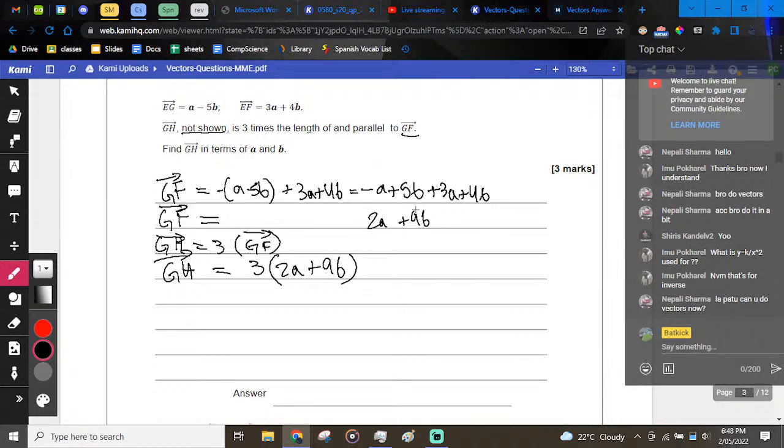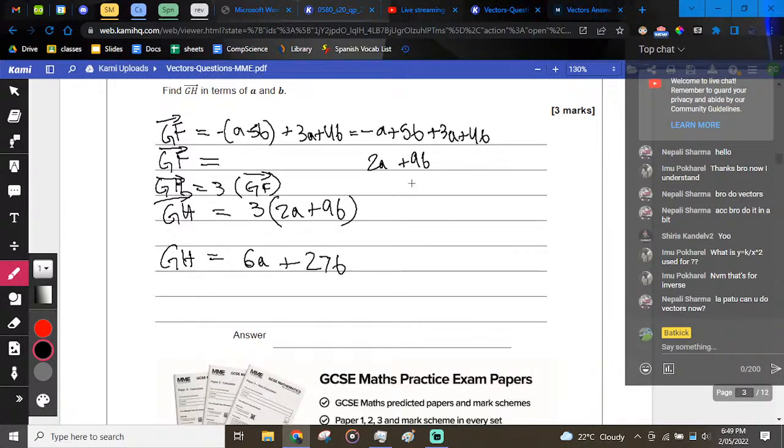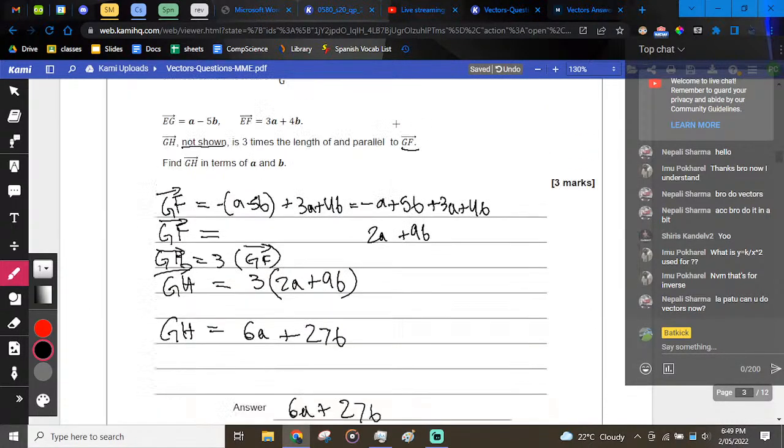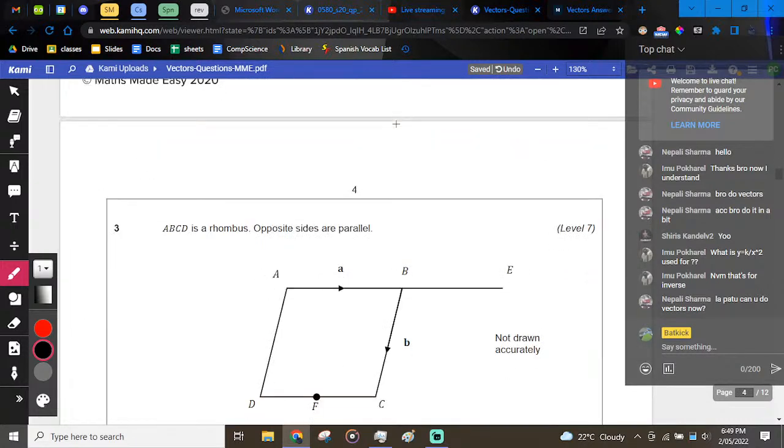Just showing that for reference. So therefore, G to H is 6a plus 27b. Boom. It is in terms of a and b. Fantastic.